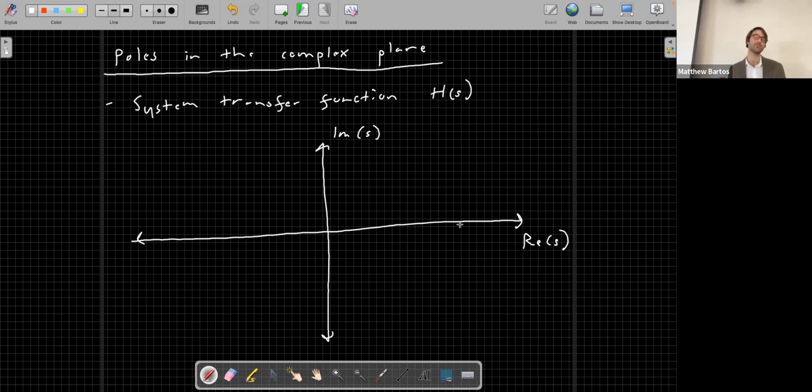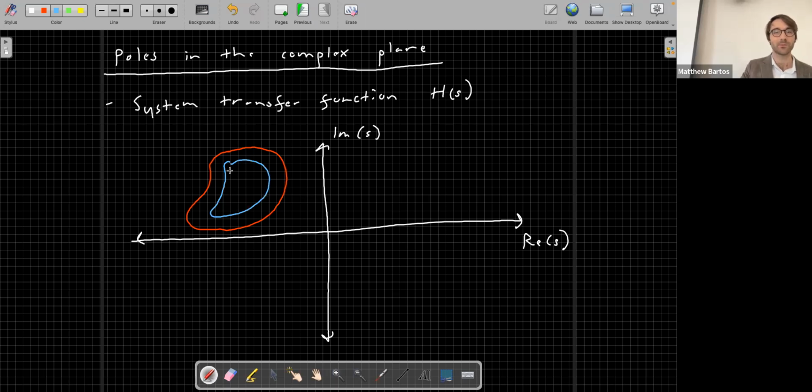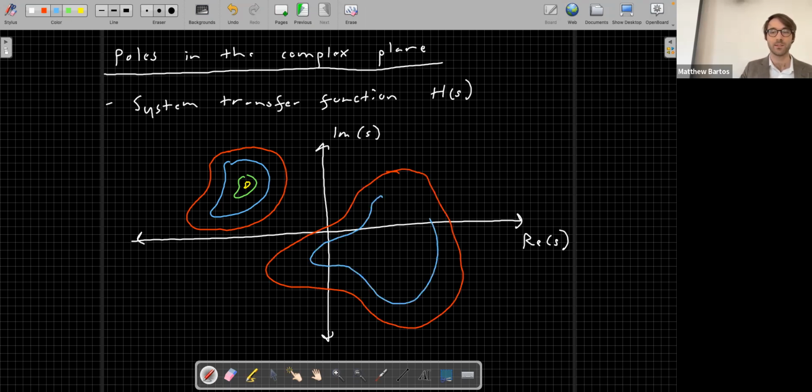But I wanted to make it a point that the system transfer function is a function over this 2D plane. So you can think of it as essentially coming out of the page. Right. So we might have some contours here, for instance, representing the transfer function coming out of the page. Okay, so it's a function over this entire 2D plane that's coming out of the page. So these contours may just represent the function coming out of the page towards us.